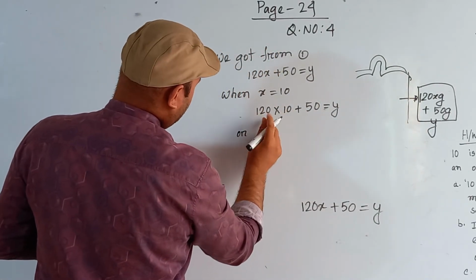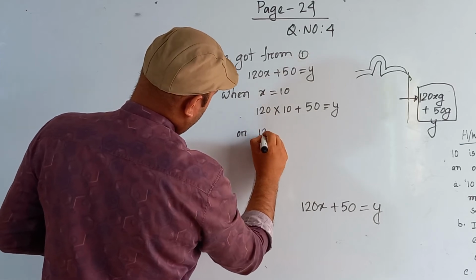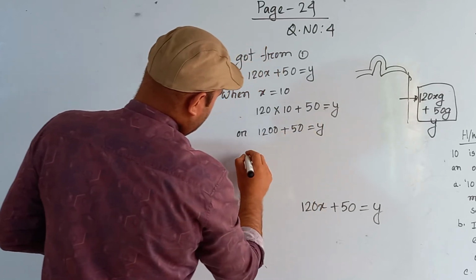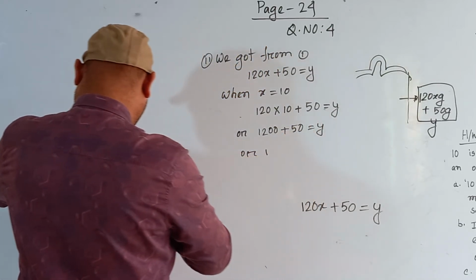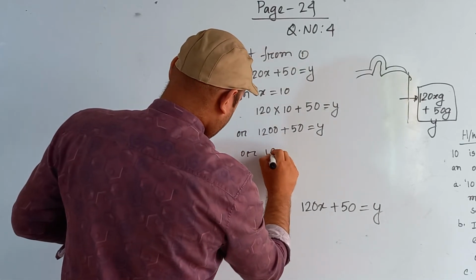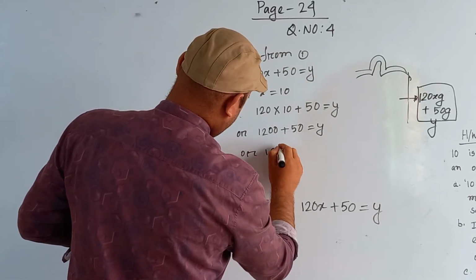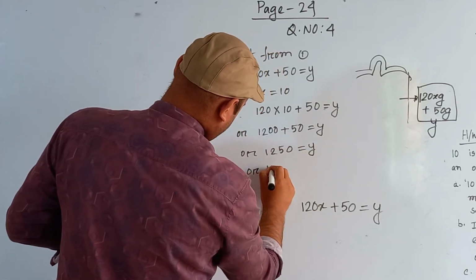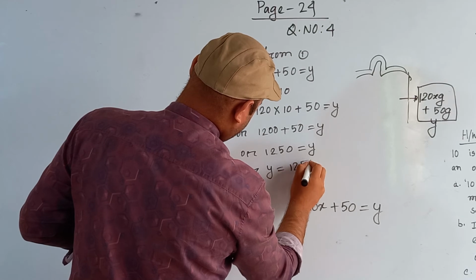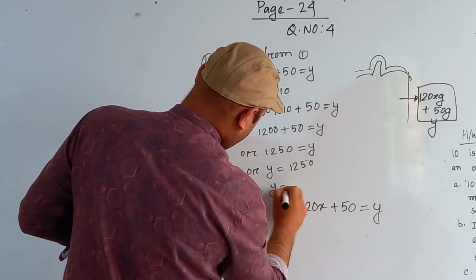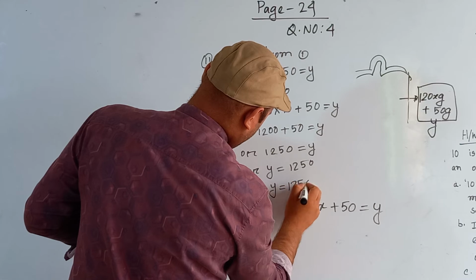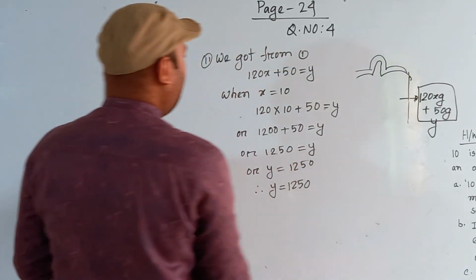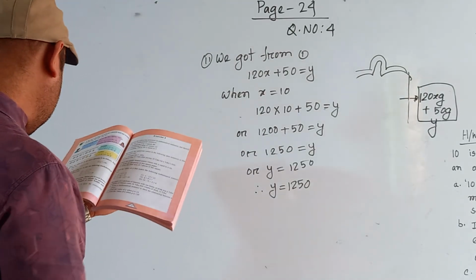After multiplying 120 by 10, we will get 1200 plus 50 is equal to y. That means 1250 is equal to y, or y is equal to 1250. Therefore, the value of y is 1250. So we have determined the value of y when x is 10.